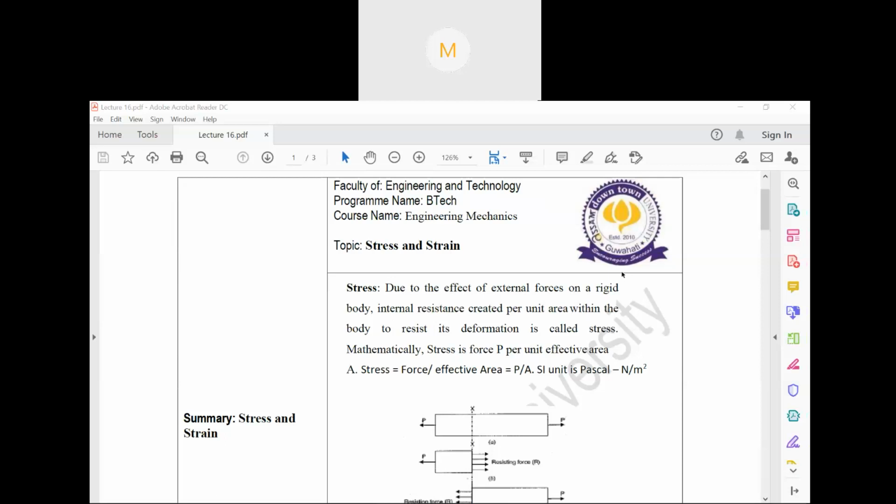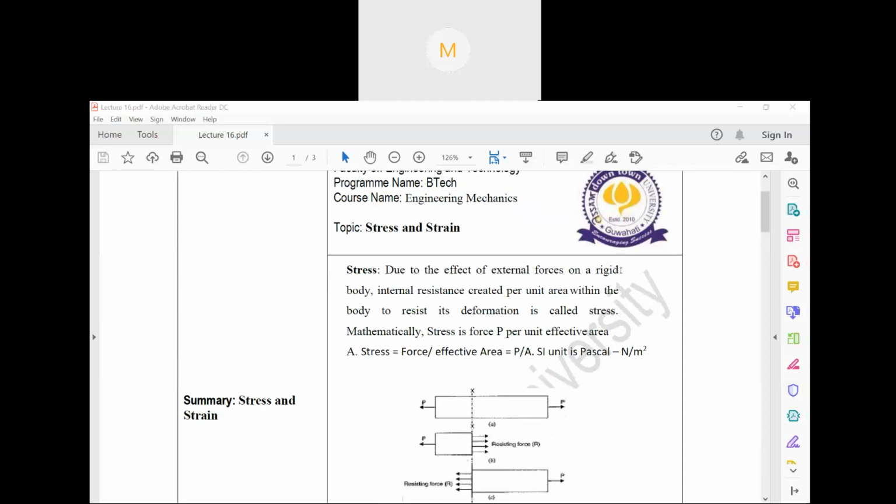Now I'm telling you one example. Suppose some force is applied on our body, but initially the body does not get deformed. That means the body is resisting the deformation. That is known as stress.